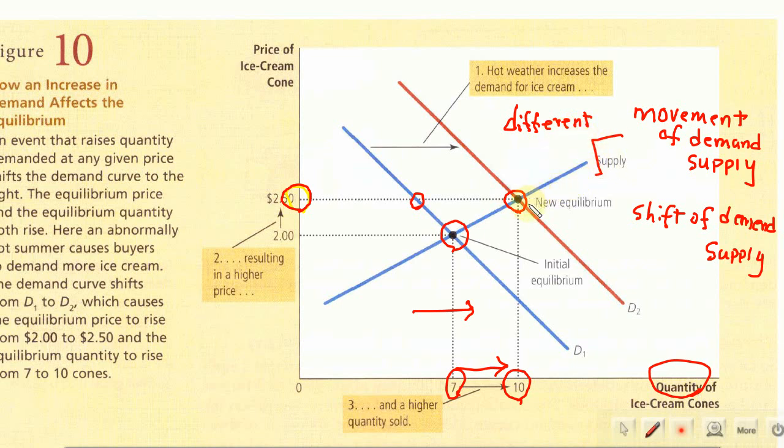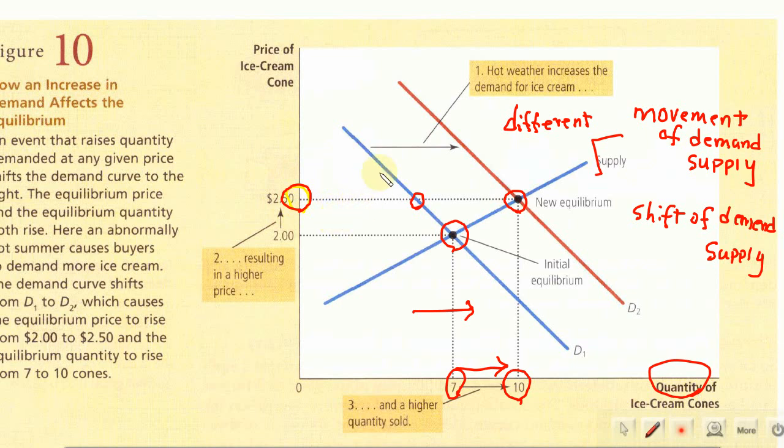In this case, when the movement moves, the price is the only factor. The price is visible here.